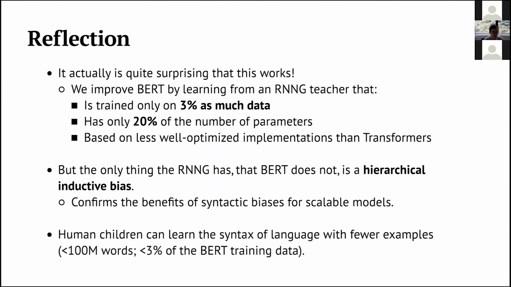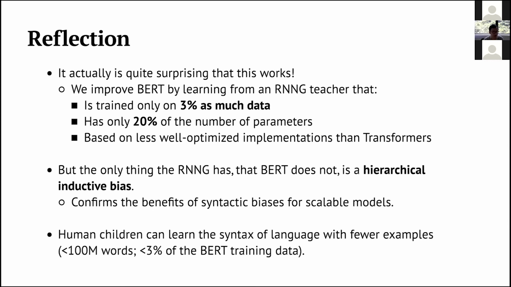So some reflections. It is actually quite surprising that this works, because it's quite simple. We improve BERT by learning from an RNNG teacher. Compared with BERT, the RNNG teacher only trains on 3% as much data, and it only has maybe 1/5 of the number of parameters. So it's quite a small model, but the only thing it does better is that it knows syntactic structures.